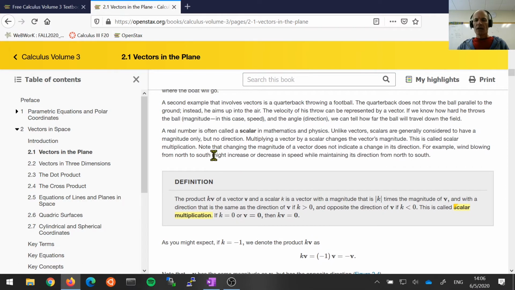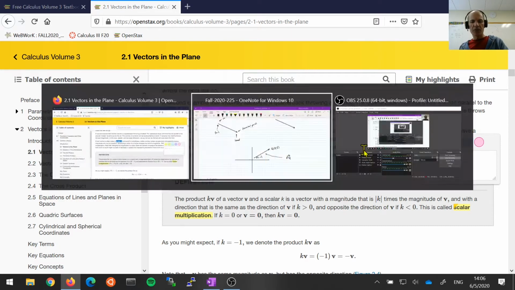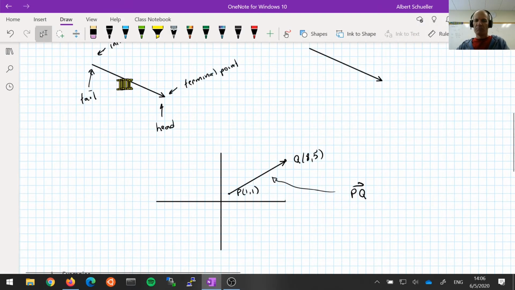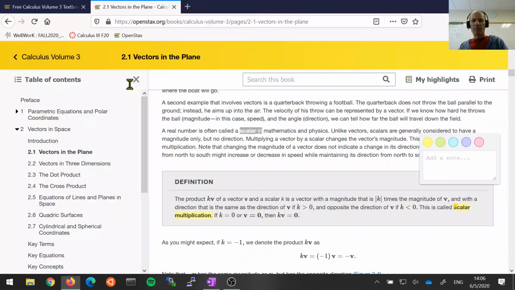in contrast to vectors, as I discussed earlier, there are scalars. Scalars are just numbers. Think about real numbers like 2, 5, pi, e. Those are scalars. Vectors are these arrows. Arrows are not numbers, so they're different things. That said, we can define the product of a scalar and a vector by just defining this kind of multiplication.